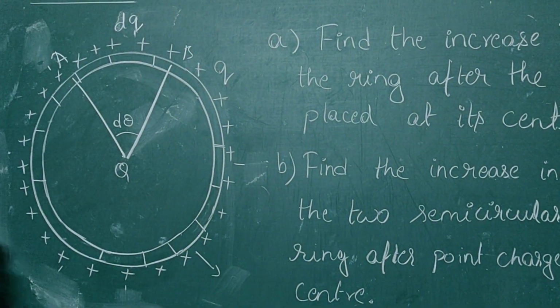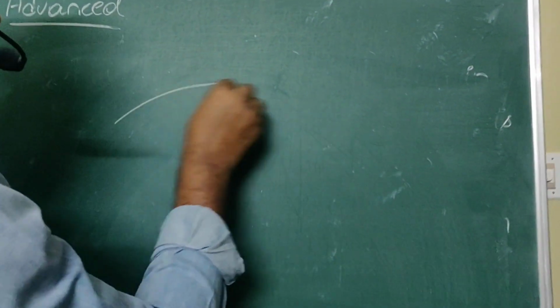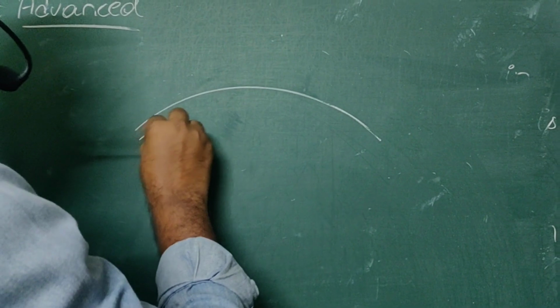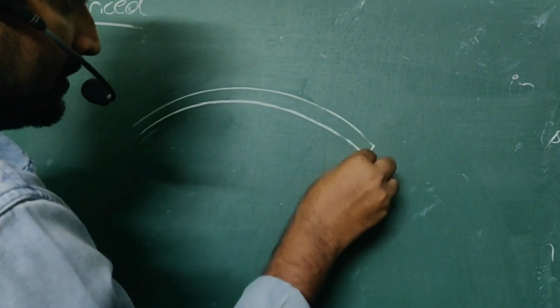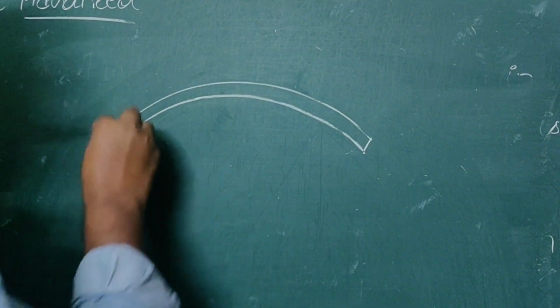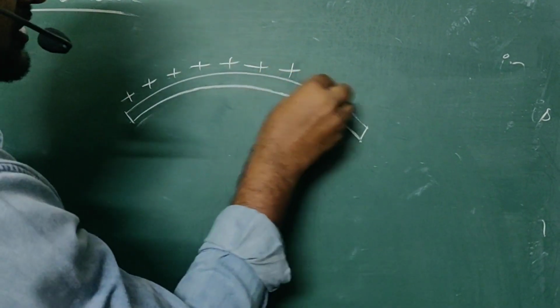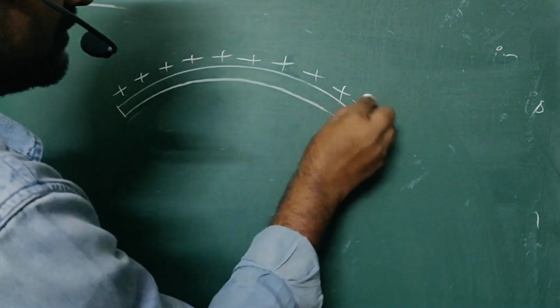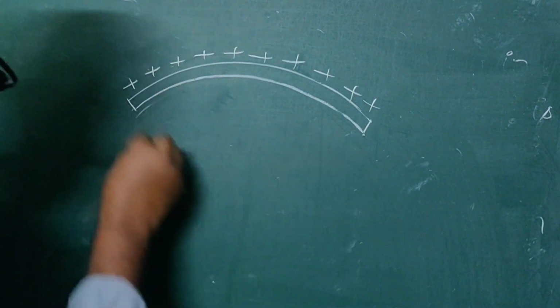Now let us only analyze this part. I'll draw the small part of the ring here a little bigger, so that you can see the complete resolution of all the forces on the ring. Let us consider a certain amount of positive charge on this small part of the ring.